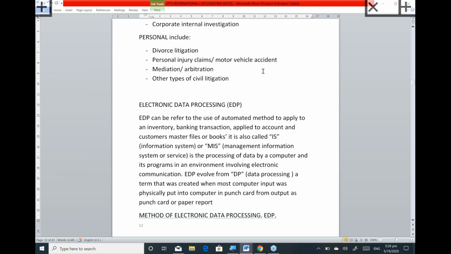It's also called IS, Information System, or MIS. I think last week we discussed this so much. MIS, we also call DP, data processing, and we told you that it was a term created when most computer input was physically put into the computer on punch cards.